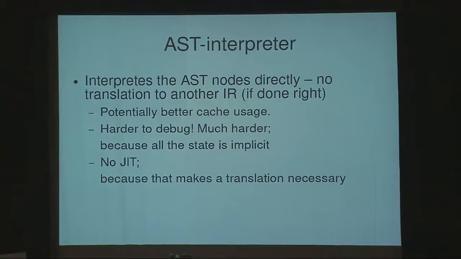Every time you hear the word recursion, you should be really scared. Recursion almost always means bad performance. And all AST interpreters have that problem fundamentally, and they will run out of call stack if you have 20,000 functions calling themselves.